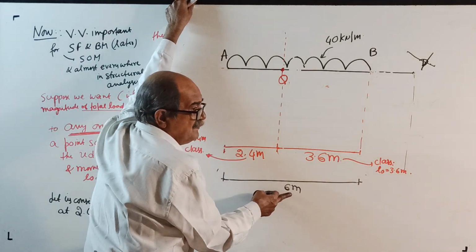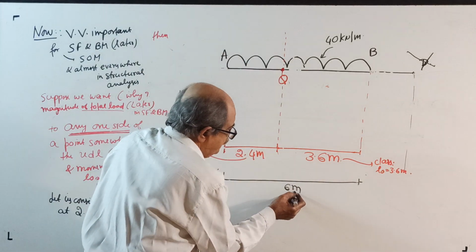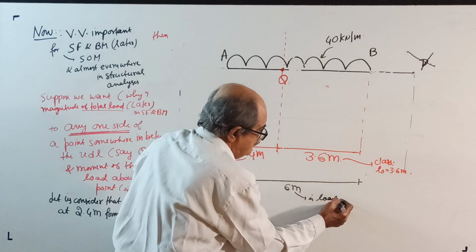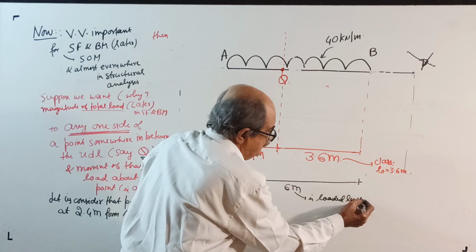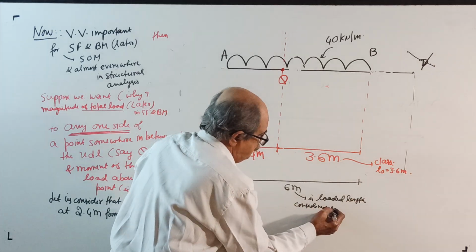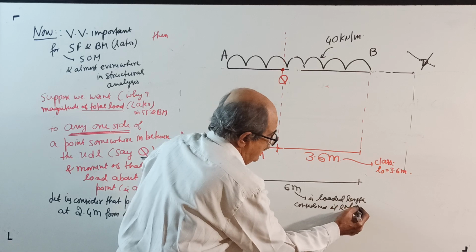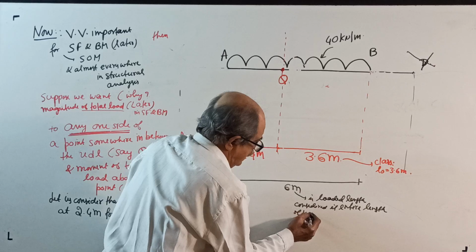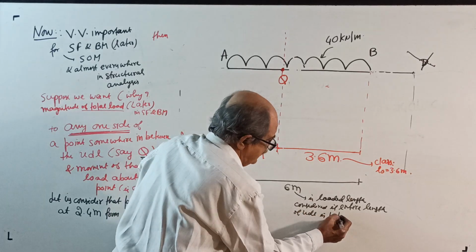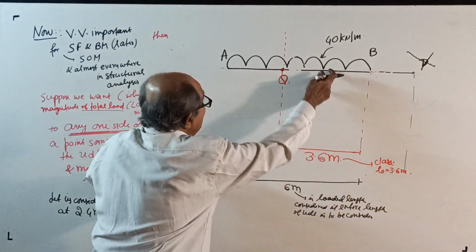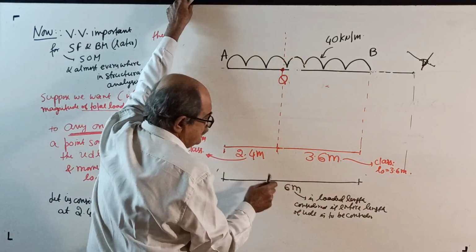You write here, this 6 meter is the loaded length considered if the entire length of UDL is to be considered. If you want the entire length of UDL, loaded length is 6 meter.